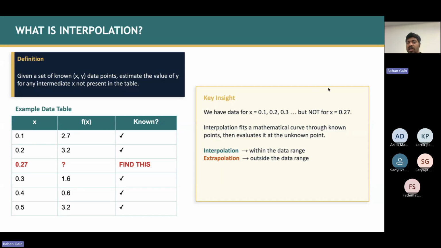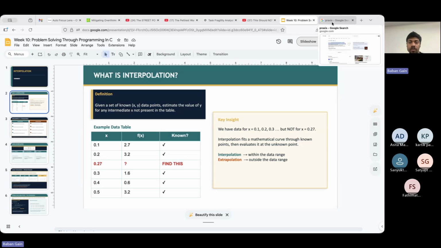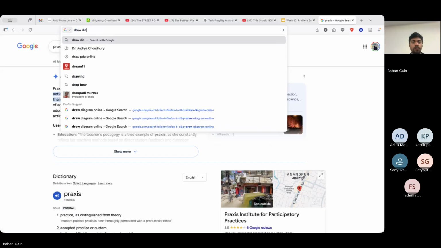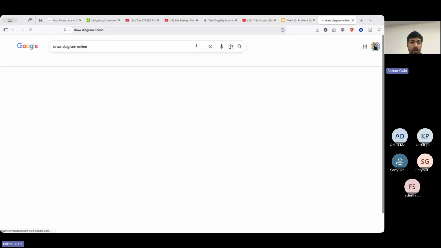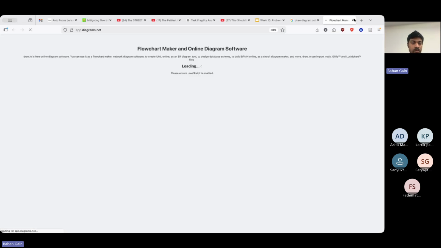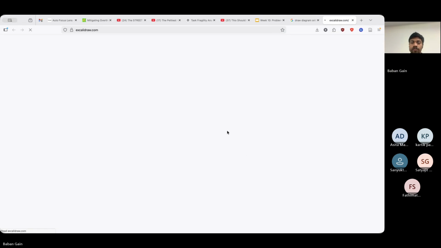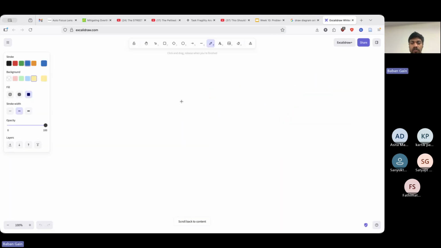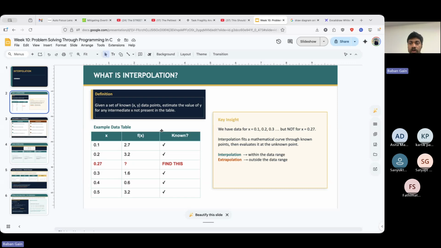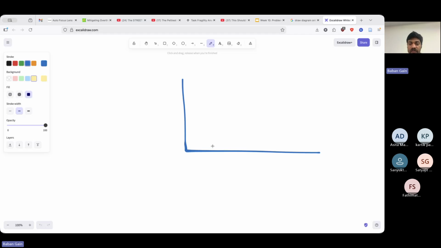It will be more beneficial if I show you via a diagram. Assume that I have a graph like this, and there are some points. Let's say this is one, this is two, this is three.